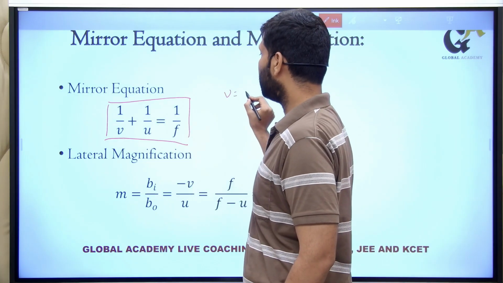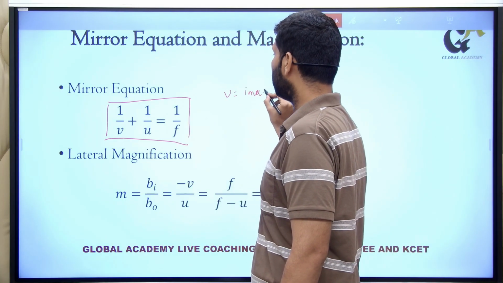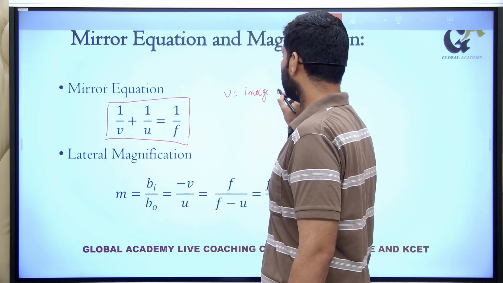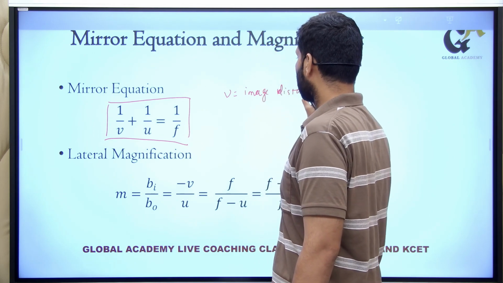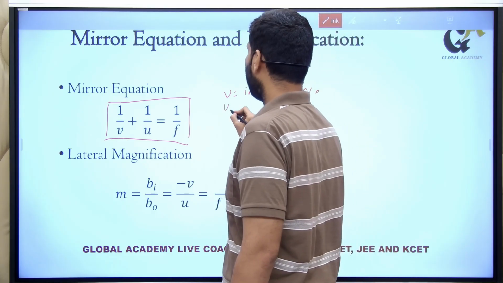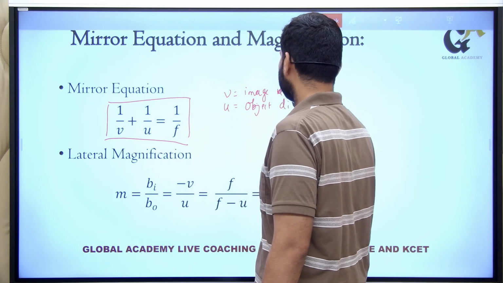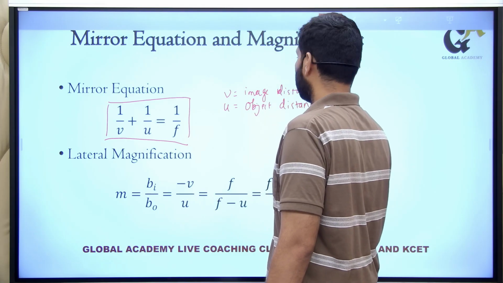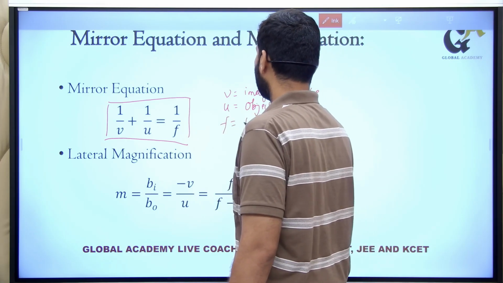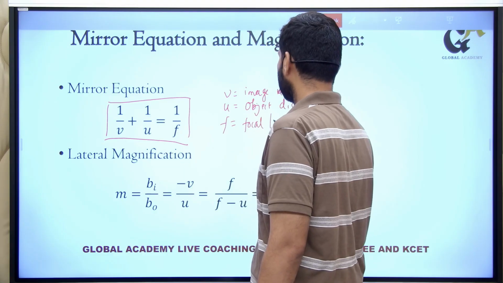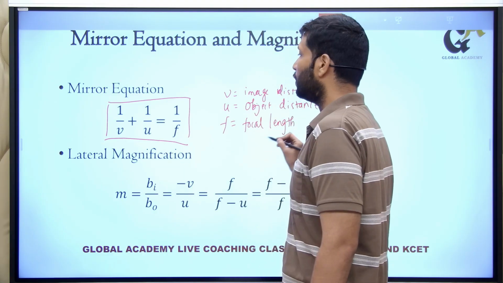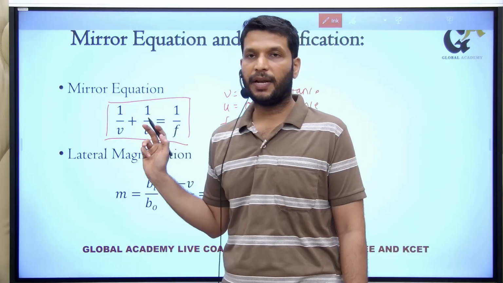Here v represents the image distance, u represents the object distance and f represents the focal length. So this is what we call the mirror formula.